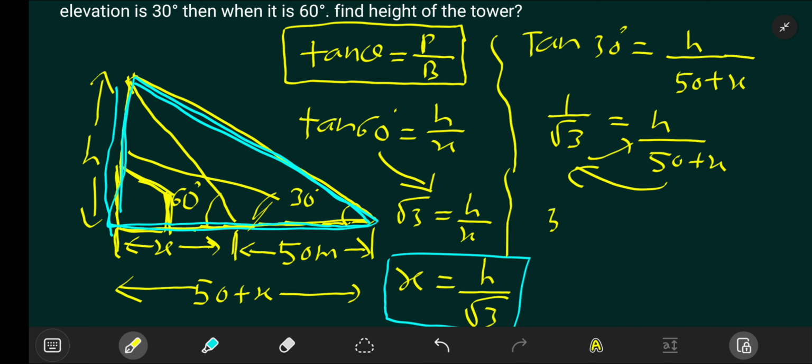Now 50 plus x is equal to h root 3. We know the x value, that is h upon root 3. Substitute that value of x here, so 50 plus h by root 3 is equal to h root 3.